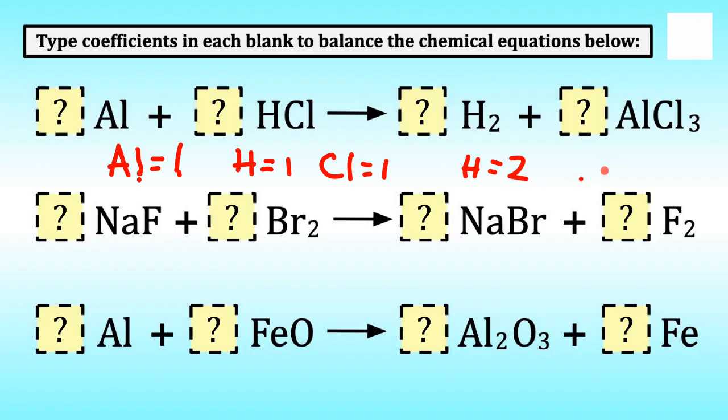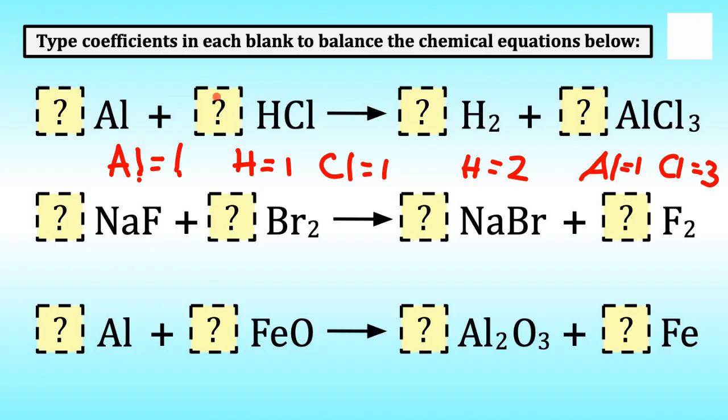I've got 1 Al, and Cl's I've got 3. Okay, so my suggestion here is that we try, again, trial and error on this particular one. The aluminums are fine, the chlorines aren't, but you'll notice that this one is a 1.